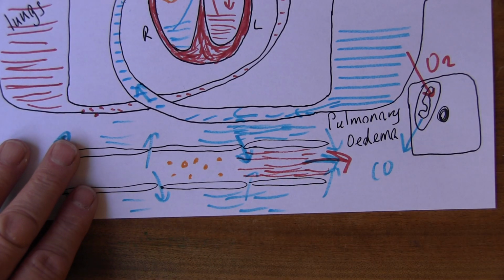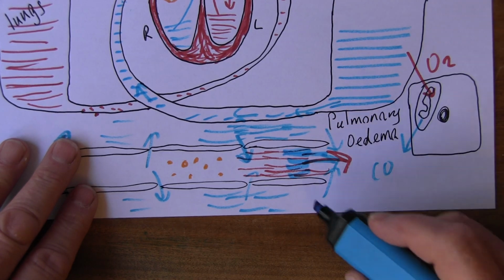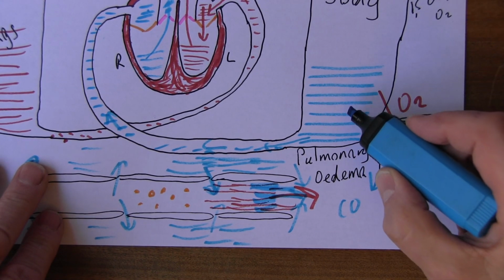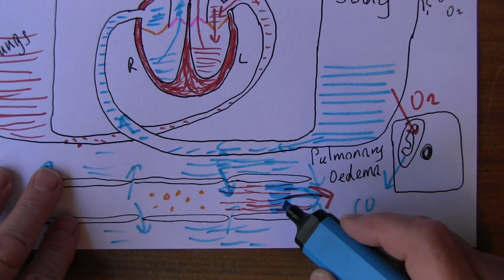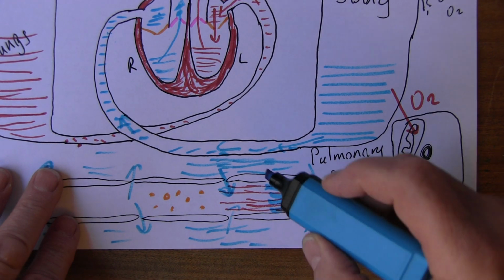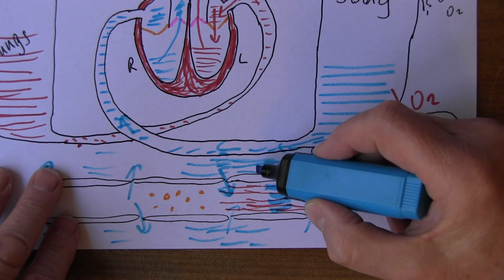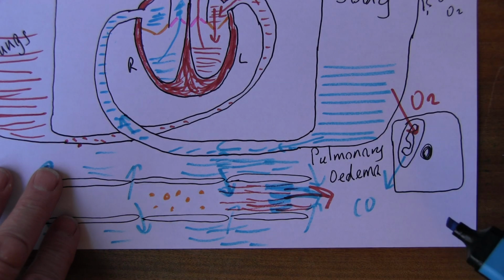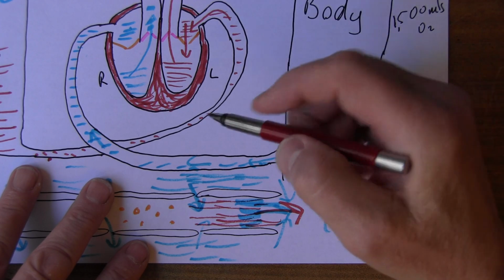But if the blood's damming back here and the blood from the capillaries can't drain into the systemic veins because the pressure in there is high, that's going to increase the pressure in the systemic capillaries now. So if you increase the pressure in the systemic capillaries, that's going to make it harder for the tissue fluid from the systemic tissue spaces to get back into the blood. That's going to collect in the systemic tissues of the body, and that's going to give rise to systemic edema.